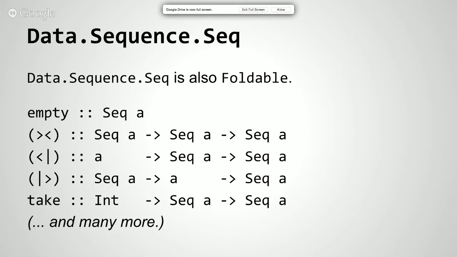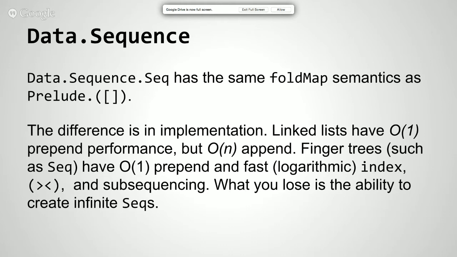So we have an append operator, which is the angle brackets meeting each other. We have a cons, we have a snoc. Snoc is when you append. We have a take, and many more on Seq. And it's got the same foldMap semantics.